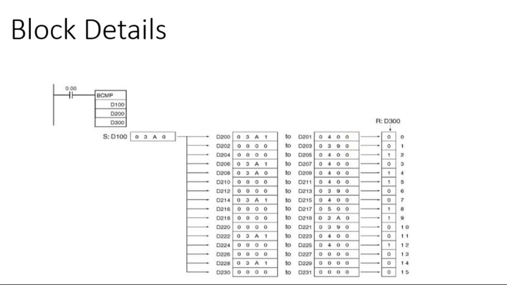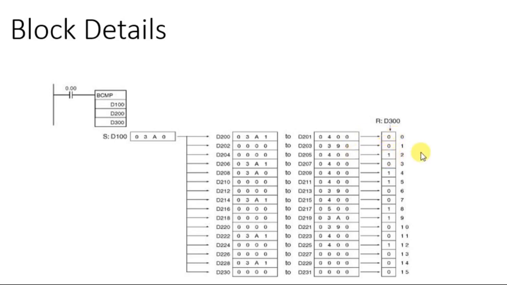There may be applications where D200 to D231 hold some values, and you want to find out whether a particular source data is in the range of any one of these blocks. In that case you can make use of this block. Look at this, 03A0 is not in this range, so it is returning 0.